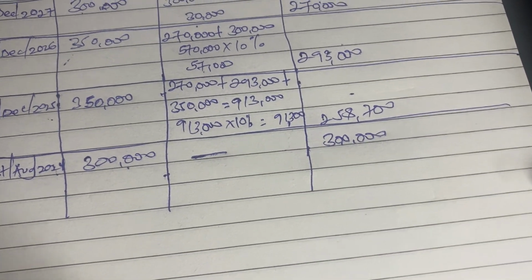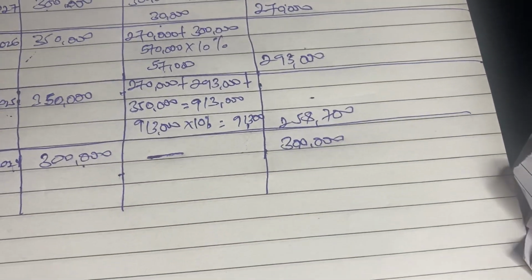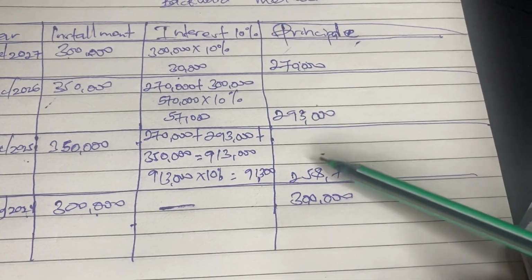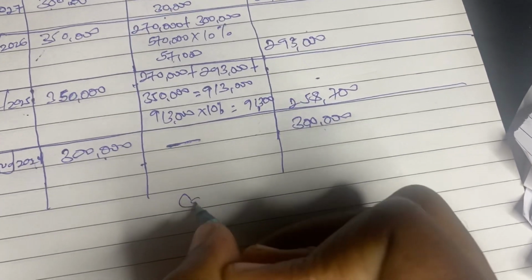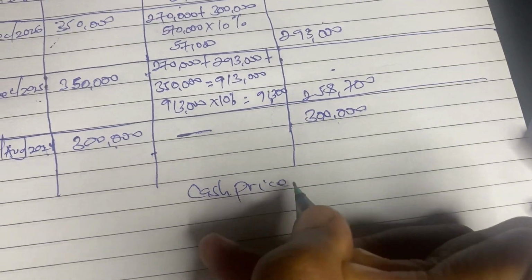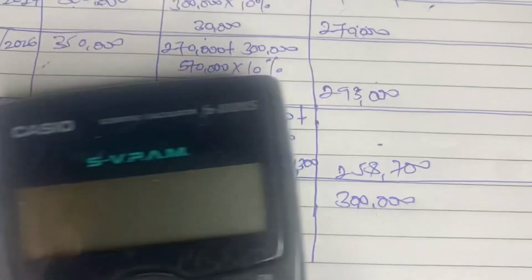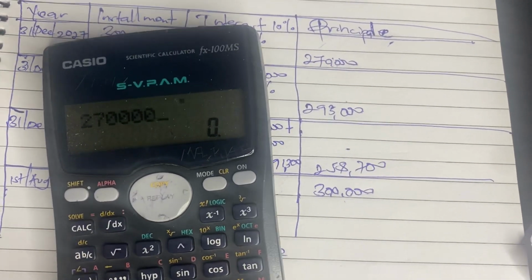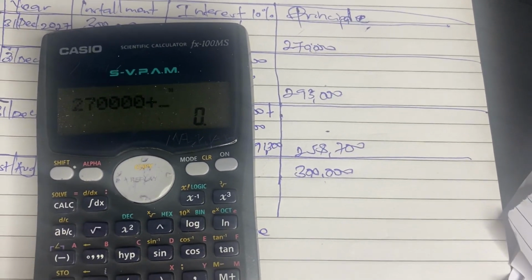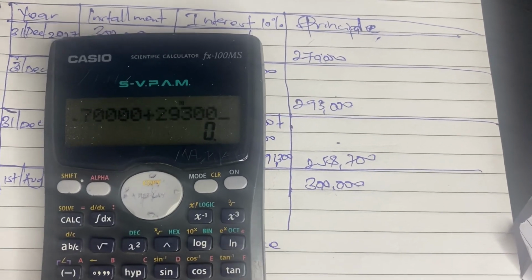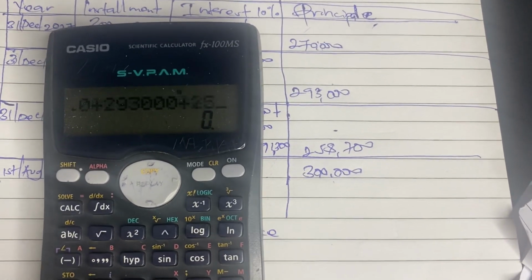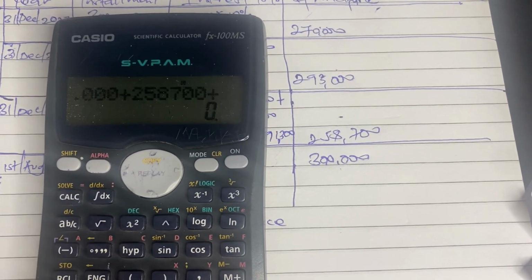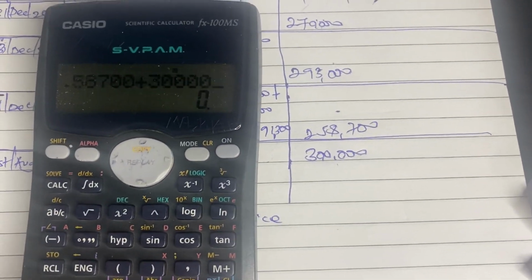So how do we get the cash price of the laptop? We add the principal. This plus this plus this plus this. What we get becomes the cash price. So we use our calculator. 270,000 plus 293,000 plus 258,700 plus 300,000.